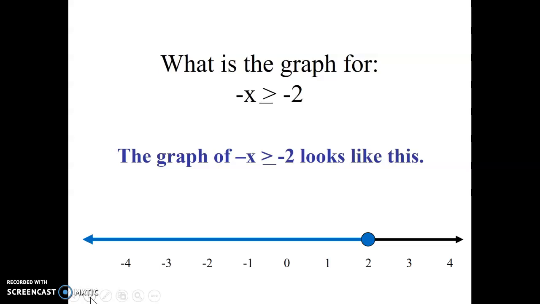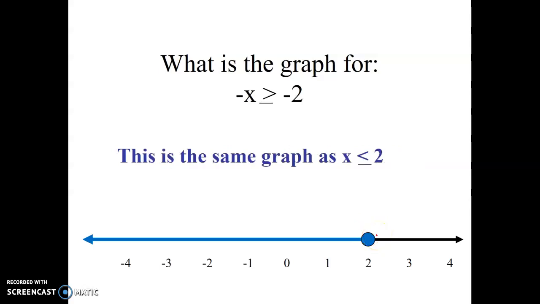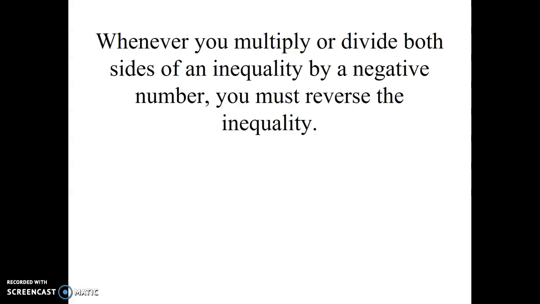So really, -2 divided by -1, that's still going to give you a +2. So that's how we know to start here, right? But it's going to look the same as x is less than or equal to 2, because whenever we multiply or divide both sides of an inequality by a negative number, we have to reverse or flip the inequality.